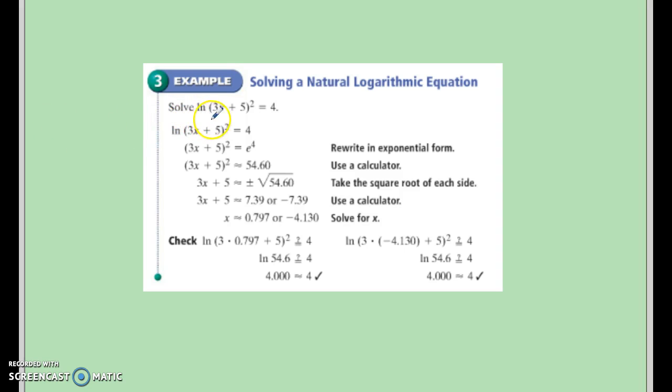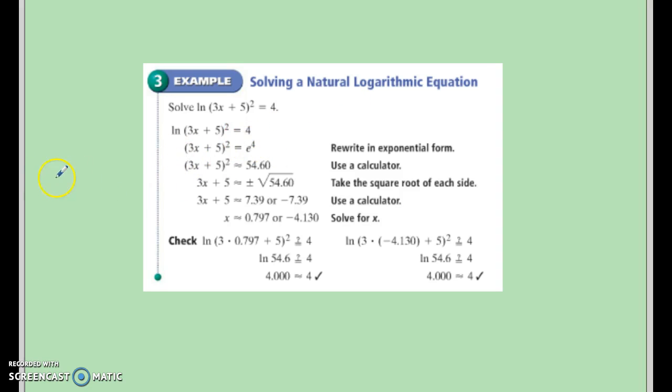So here's another example of solving a natural log equation. I'm given natural log of (3x plus 5) squared equals 4. I can rewrite this in exponential form. Instead of taking the log of both sides, I'm going to turn it into exponential. So I go e to the natural log and e to the fourth.